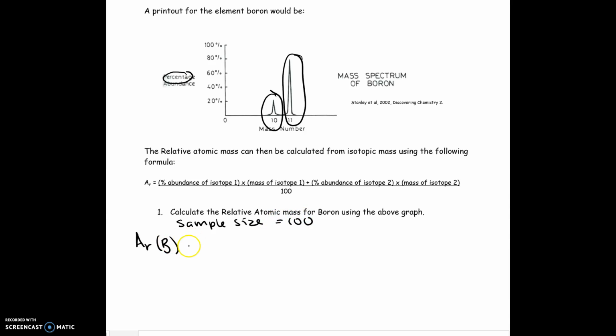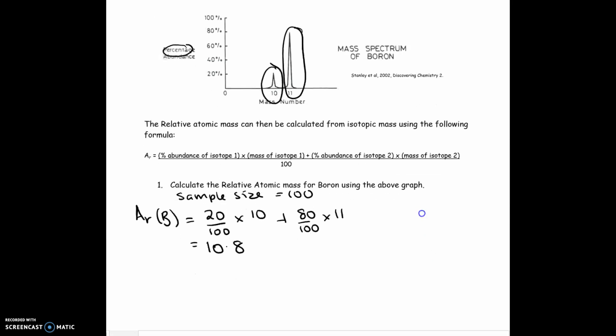So to calculate the relative atomic mass of boron, we end up going 20% over 100 times the mass number of 10, add 80 over 100 times the mass number of 11, and this comes out using our calculator to 10.8. It has no units because they are atomic mass units, which means they are in comparison to carbon-12.